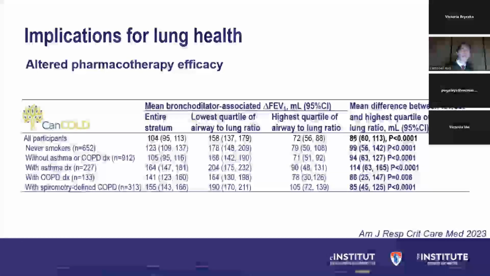What struck me was that it's pretty consistent across the board. So I don't think this is some undiagnosed asthma. I think this is probably or potentially altered particle deposition, or perhaps something else that I'm not aware of.